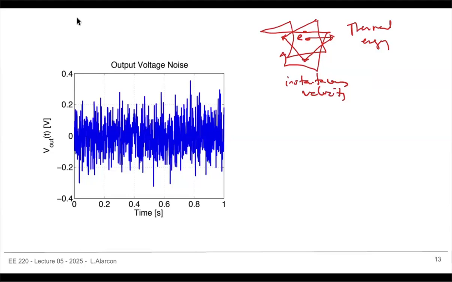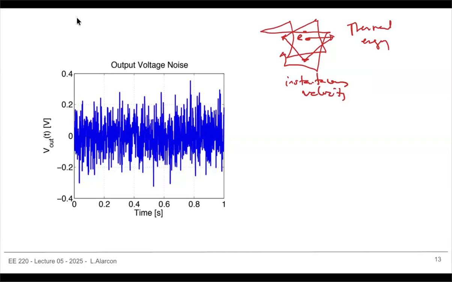Okay? So if you have a lot of these electrons in your resistor, then if you measure the voltage, those electrons moving through the material can generate a voltage, right? Current going through generates your voltage, falling down a potential. Then I get this random pattern of output voltage.